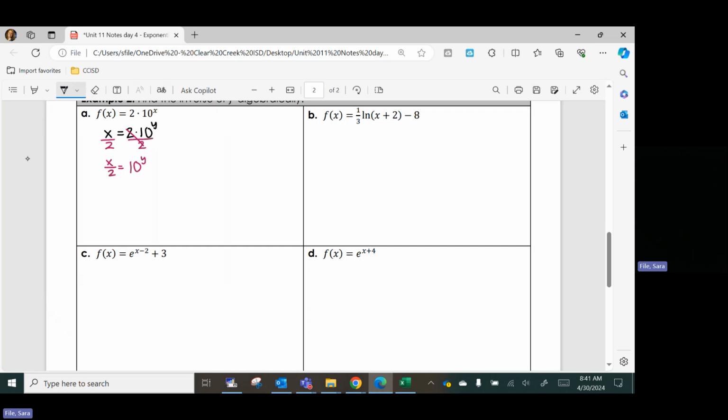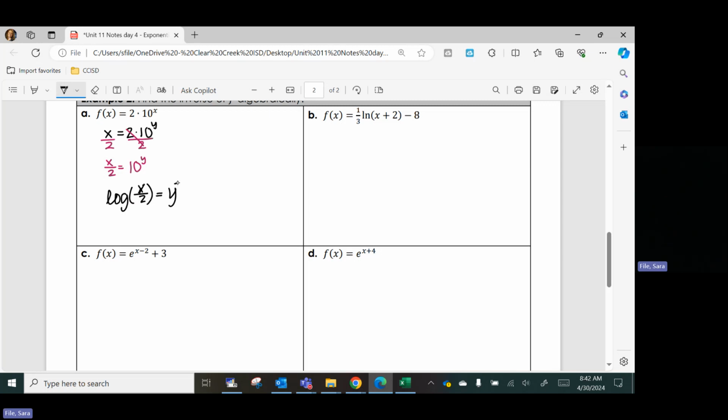I'm ready to rewrite this as a log to solve for y. So the base is 10. So this is going to be a common log. I don't have to write a base 10. Just log indicates that it is a base 10 if you don't write another base. Okay, log of x over 2 equals y.